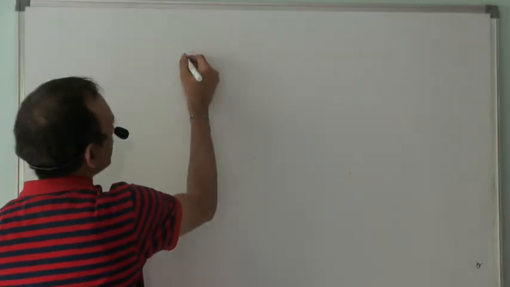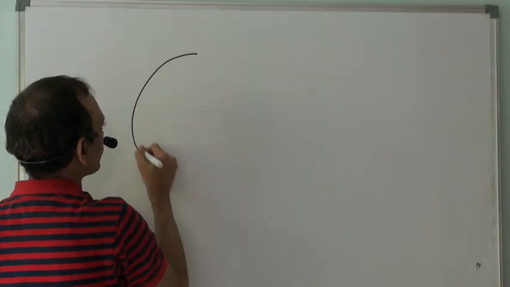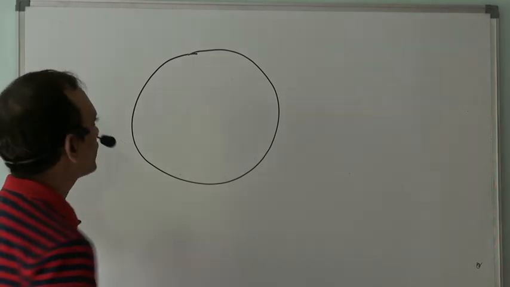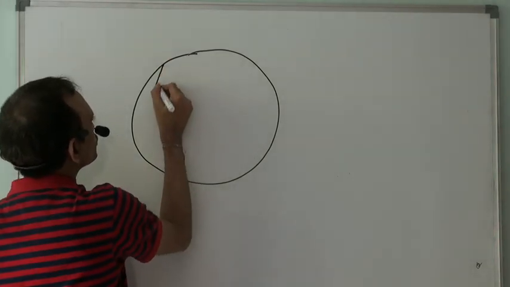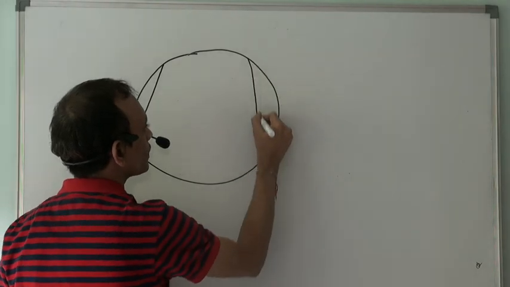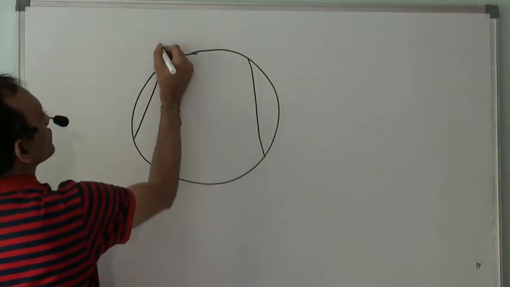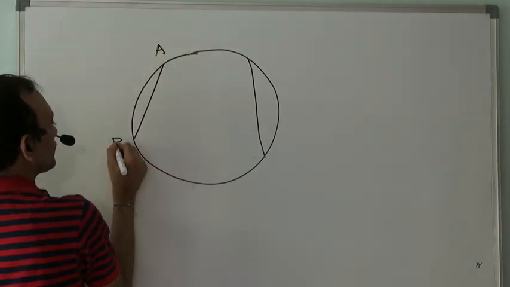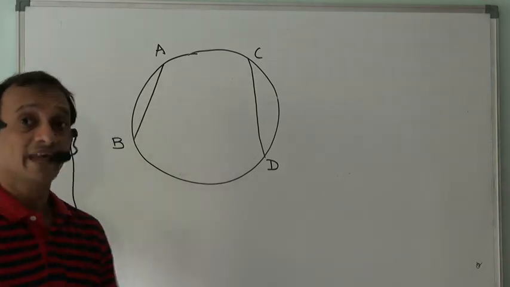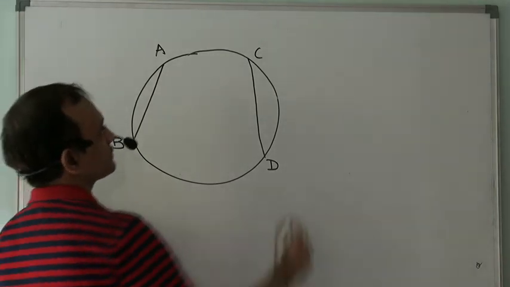So let me look at a circle, and let me look at two chords of the circle, say chord AB and chord CD, and say these two chords are equal in length.